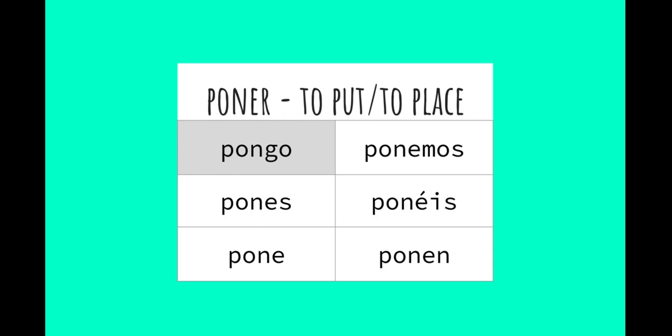But anyway, so these are our conjugations. Again, the G shows up in our yo form, pongo, like the dog from 101 Dalmatians, Pongo and Perdita. But we have pongo, and then we have pones, pone, ponemos, and ponen. Okay? So again, the go only appears in the yo form, and then the G goes away.